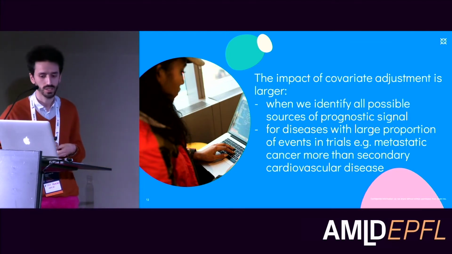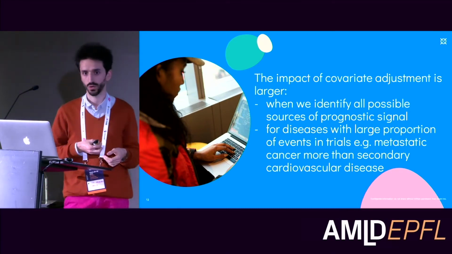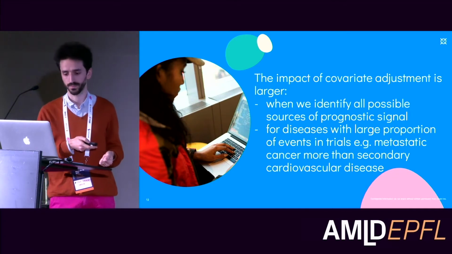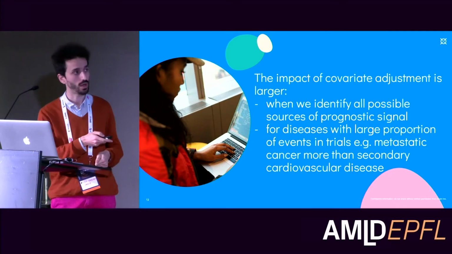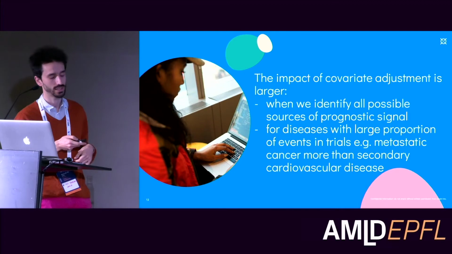If you think about secondary cardiovascular disease, where you're at about 10% at the end of your three-year follow-up, it's not going to be as impactful. You're really going to need a lot of prognostic signal if you want to have something impactful for that kind of disease setting.